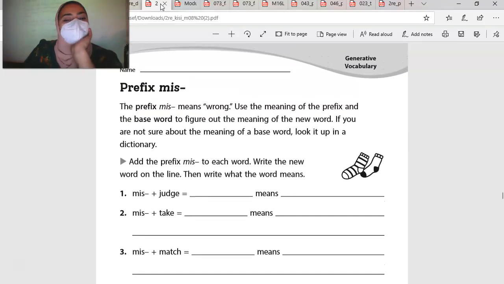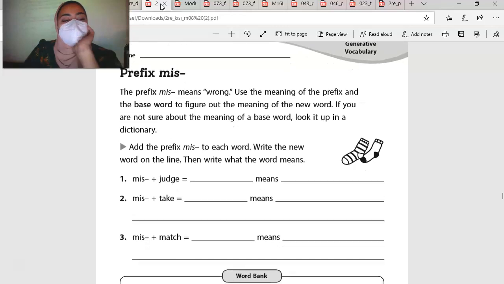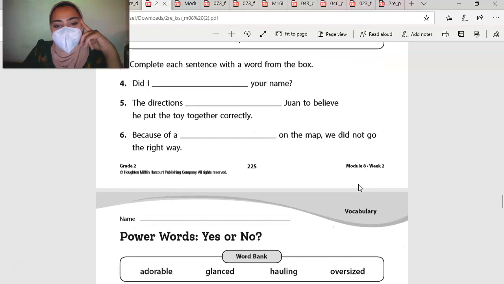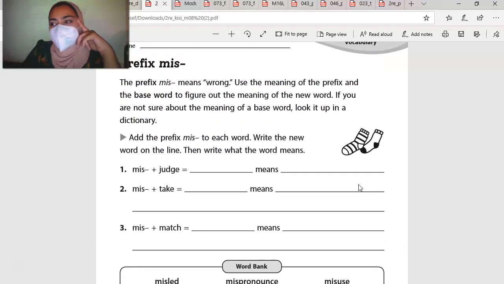You're also going to do this worksheet, prefix miss. Let's do it together before you take the quiz. It's in your reading packet. You should have your reading packet open to the quiz. If you go to the next page after the quiz, it should say prefix miss. It has 2 socks on there. On the bottom, it's page 225.